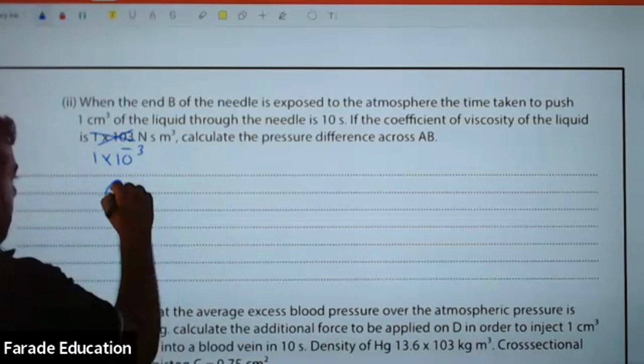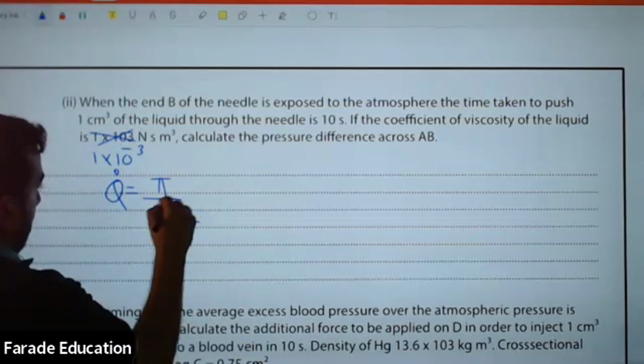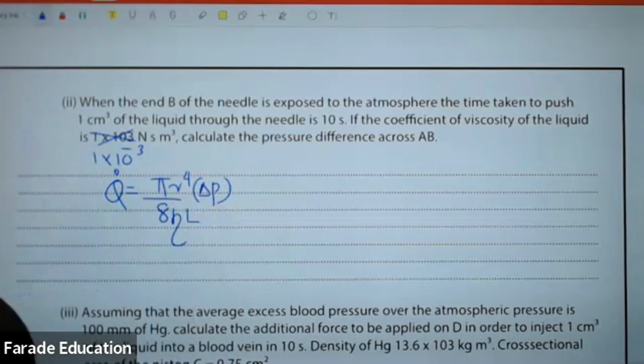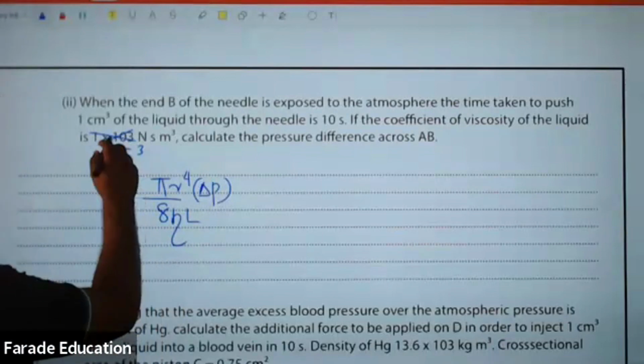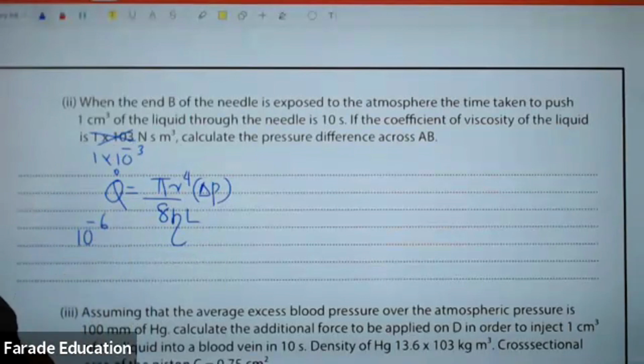So Q dot is equal to pi over 8 eta L times R to the power 4 times delta P. They are asking the pressure difference across AB, across the needle. Volume flow rate is volume, cubic centimeters converted to cubic meters, divided by time.